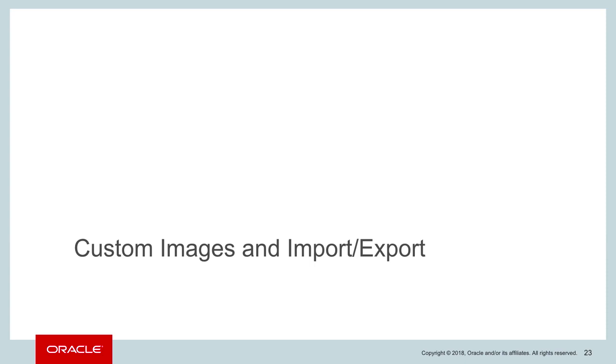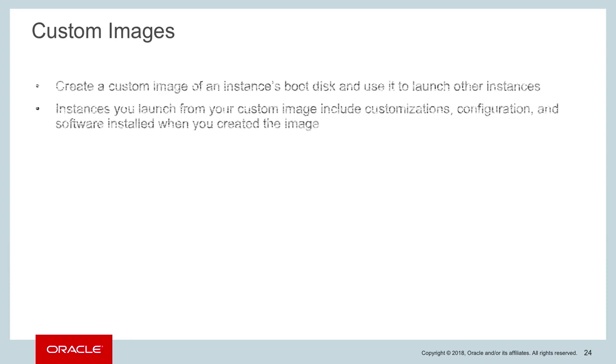All right, so let's now talk about custom images and import and export, and understand how you can customize images in OCI. Custom images allow you to create a base image of your instance where you include the OS, or operating system, and the application's binaries installed on the root partition.